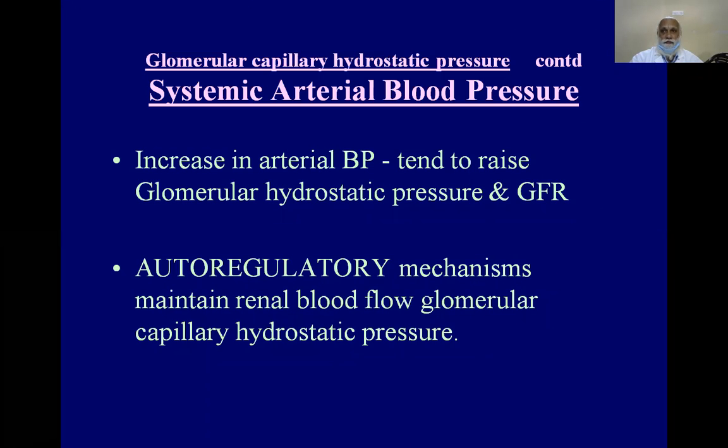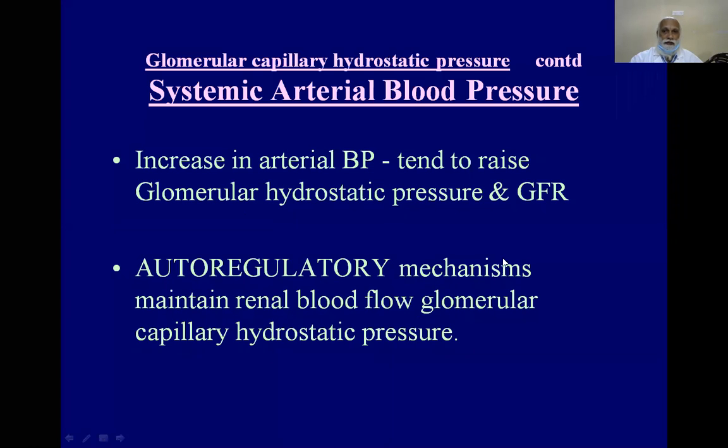This auto-regulatory mechanism maintains renal blood flow, so glomerular capillary hydrostatic pressure is maintained, and colloid pressures don't change just like that. This part is very important.